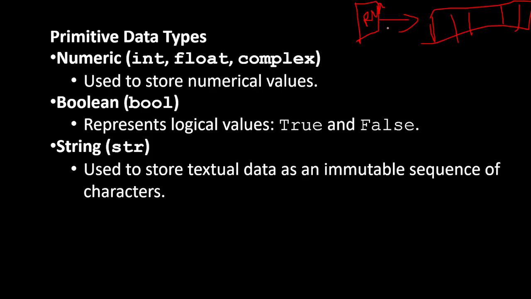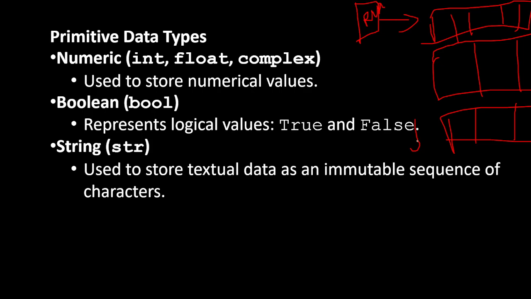For making it efficient, we can't allocate the same memory for a string, and the same for a float, right? For that purpose, we basically say it is an integer, int. So you have to store this in a 4-byte memory.